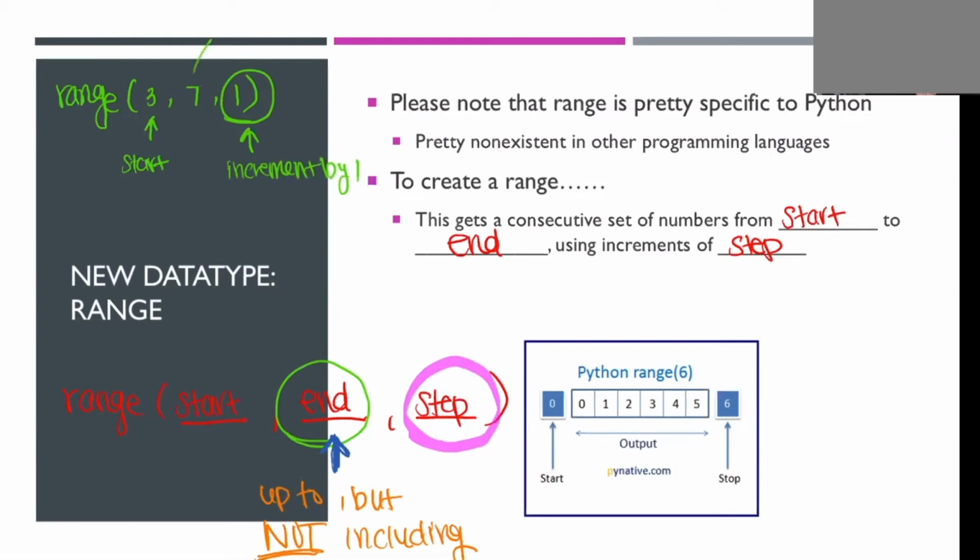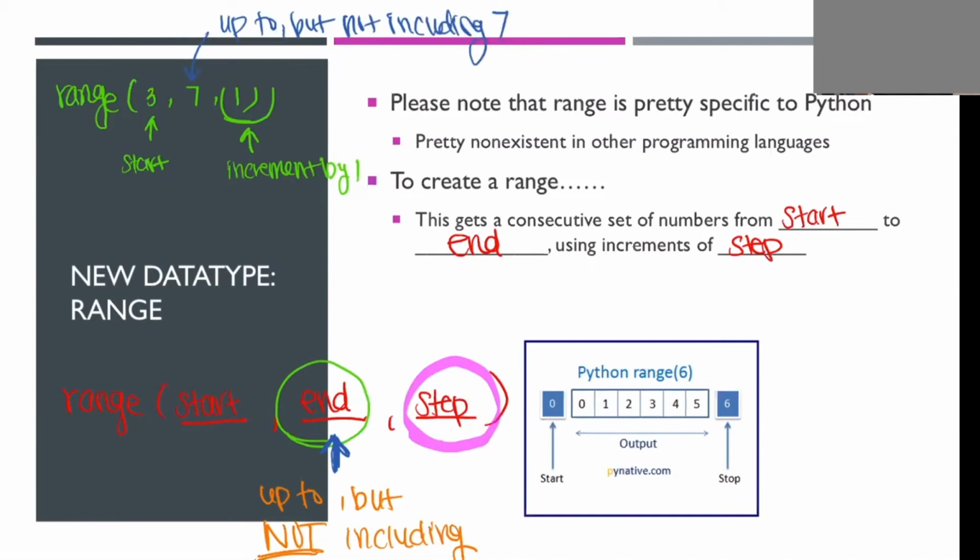Up to, but not including, 7. Not the best color choice that I have right there. Let's try this again. Up to, but not including 7.